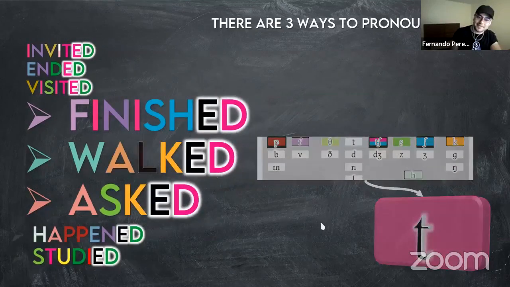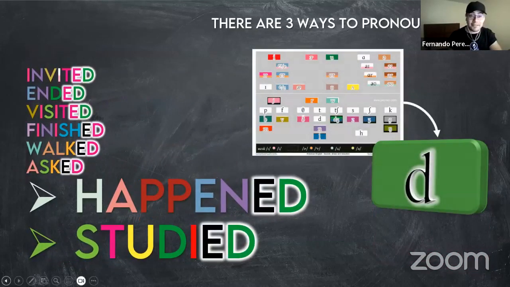Very nice. Finally, we have a very similar situation with the D. It's incorrect to say "happen-ed." And it's even very horrible to pronounce "studied," which is a very classic pronunciation problem. It's very important to pronounce correctly so you can understand correctly.